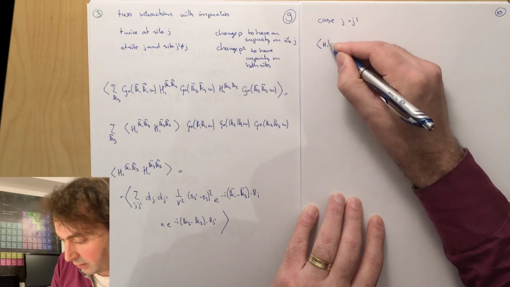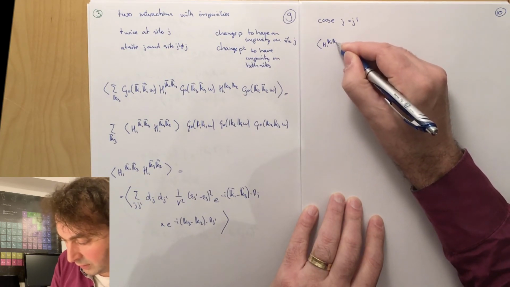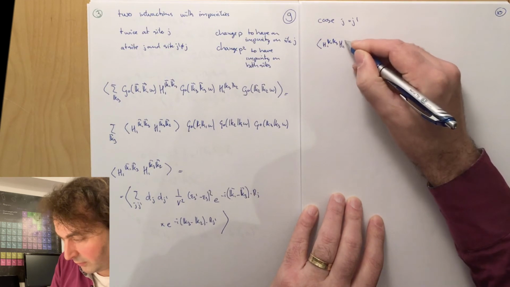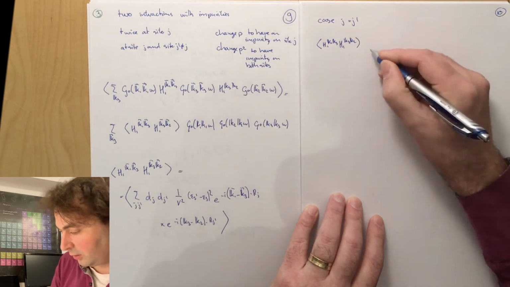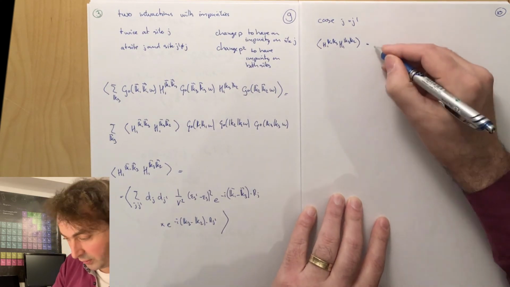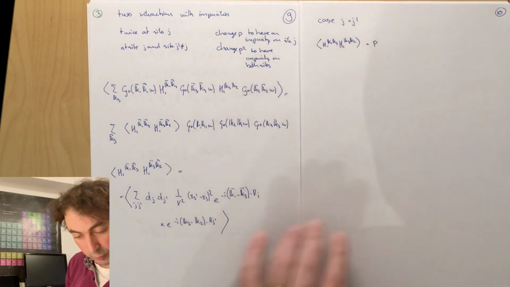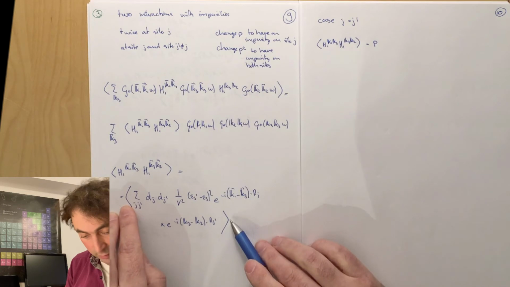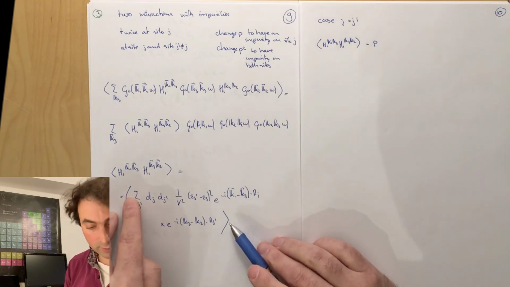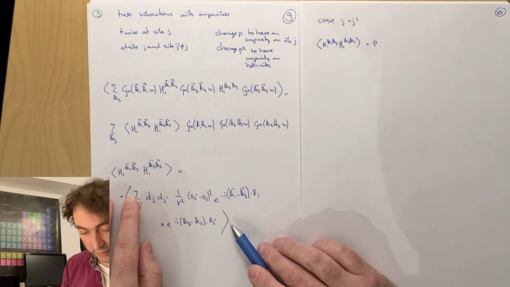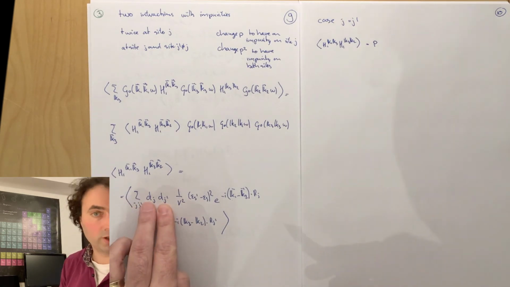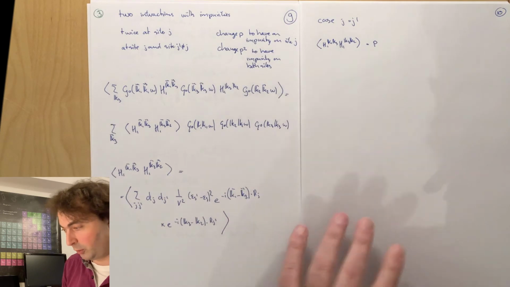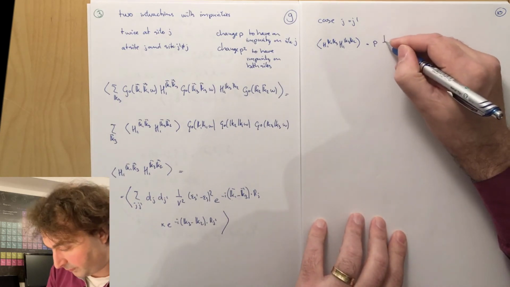In this case our average over the product of the Hamiltonians is equal to p. We can again change the order in which we sum over all lattice sites and average over all random distributions, and then realize that gj is now equal to gj, which is just 1 times 1, and therefore becomes p and not p squared.